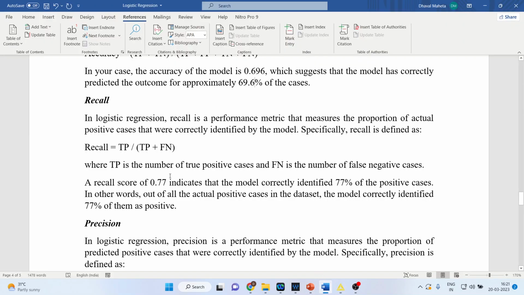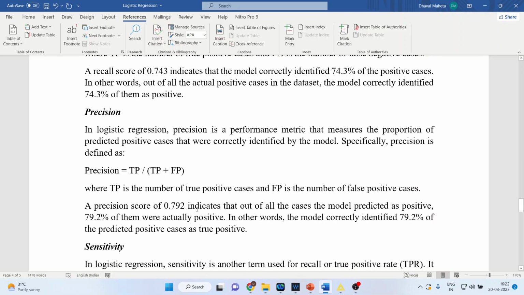That's right, the interpretation 0.743 indicates that the model correctly identified 74.3% of the positive cases. In other words, out of the actual positive cases in the data set, the model identified 74.3 percentage of them as positive. This is recall.